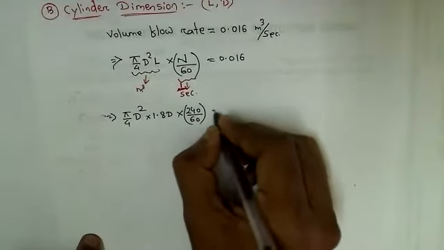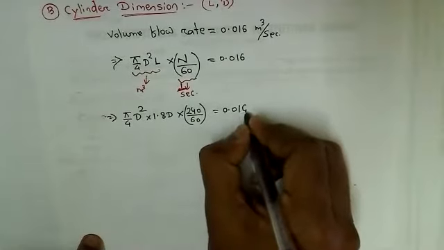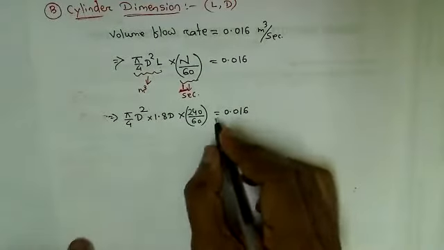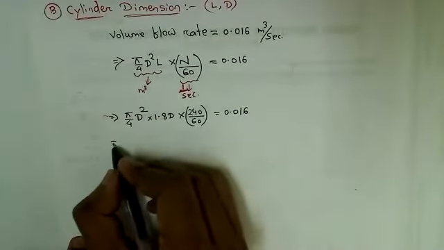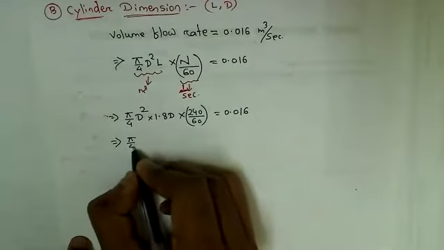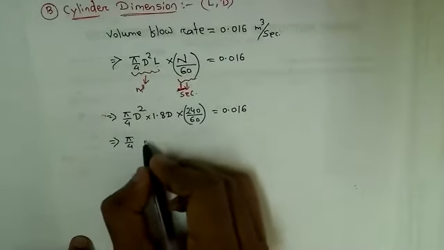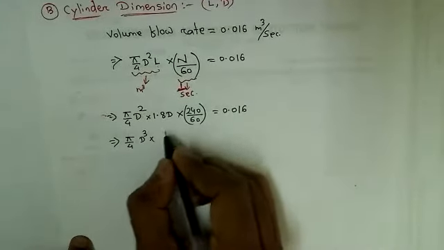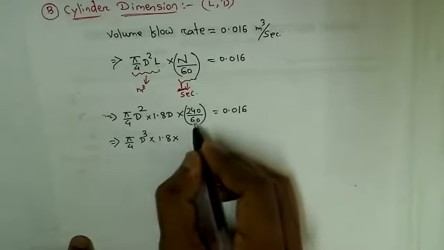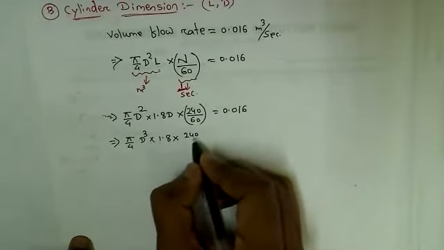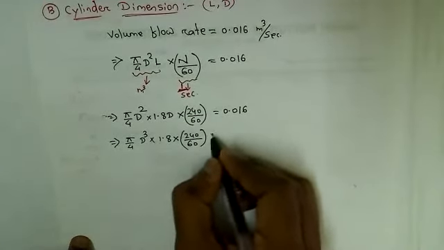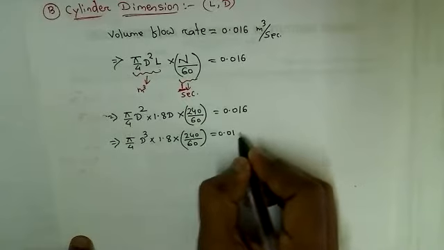This is equal to 0.016. Now simply solve this and you will get the diameter. So this is equal to pi by 4 d square into d, it is d cube into 1.8 into 240 by 60 is equal to 0.016.